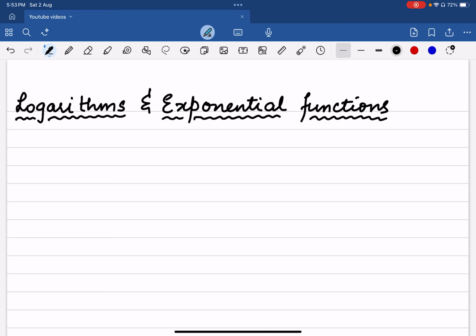Okay, so today's topic that I'm going to hit is logarithms and exponential functions. A lot of students have asked me to help them with this topic, and they have asked me to upload the videos on this. So here's the first video on logarithms and exponential functions.